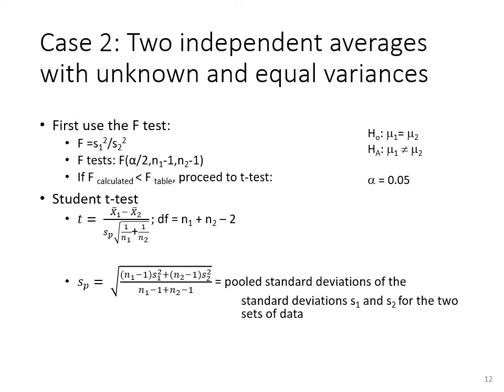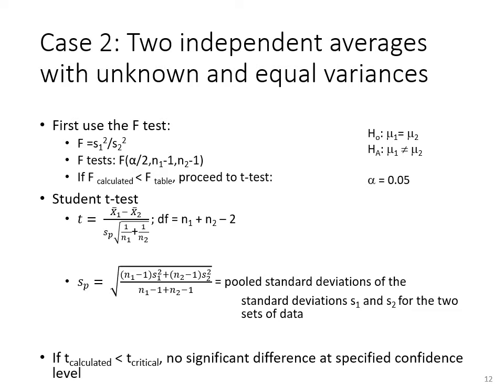If we can show that we have equal variances, then we'll proceed to the student t-test. We'll pool the two standard deviations for set 1 and set 2. And then if the calculated t-value is less than the critical t-value, we can accept the null hypothesis and conclude that there's no significant difference at the specified confidence interval, which in our case would be 95%.